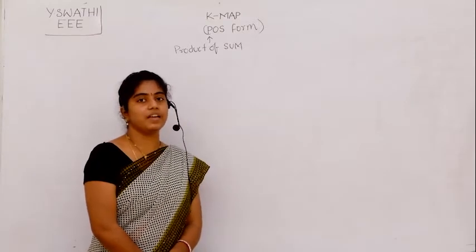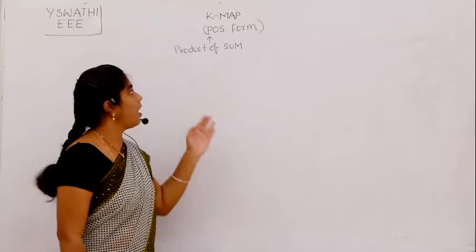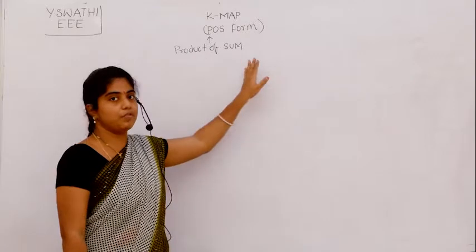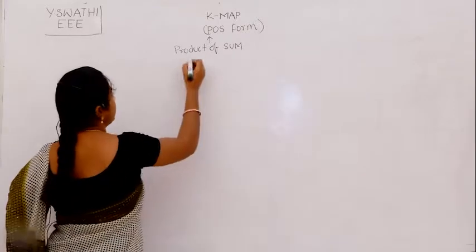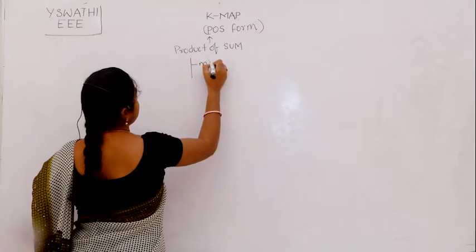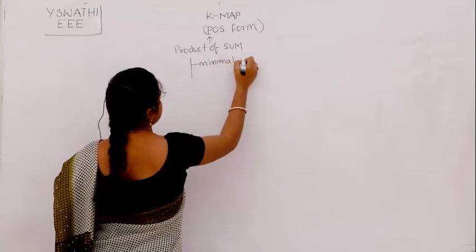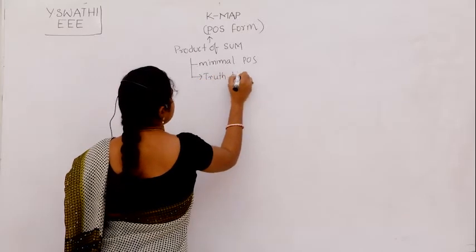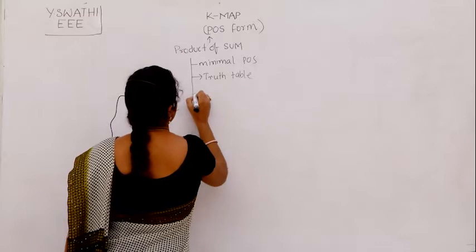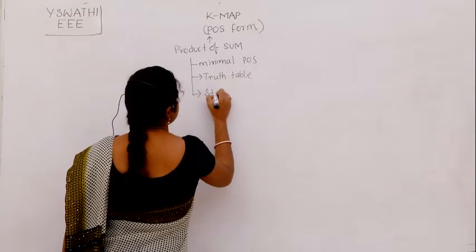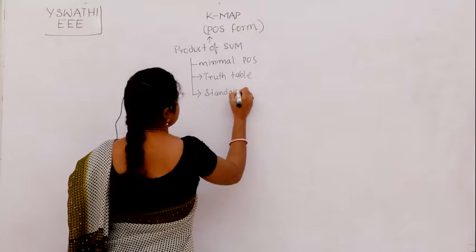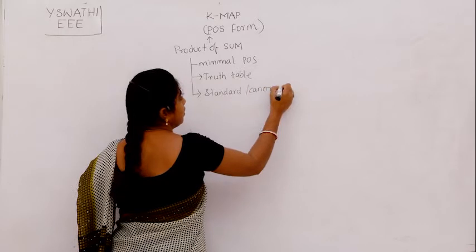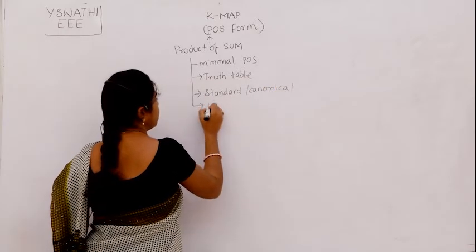So we can represent a Boolean expression either in SOP form or POS form, and there are many ways of representing a given expression in POS form, that is in a minimal POS form, also with a truth table, and we can represent it as standard canonical form, or otherwise you can represent it with a decimal coded function.